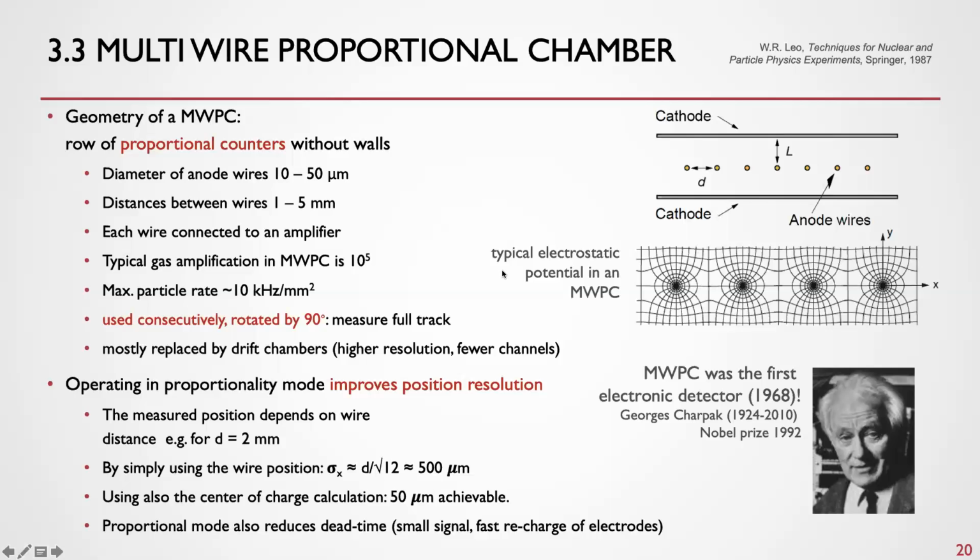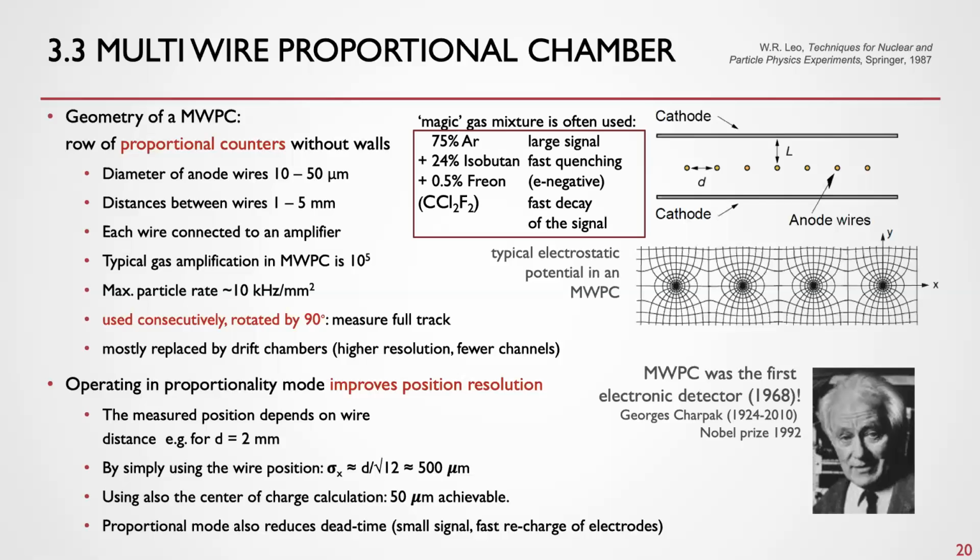So these are the multi-wire proportional chambers. The gas mixture that's used is oftentimes a so-called magic gas mixture. I only mention it because it's a typical application. It's something to start with. So one uses large signal argon, 75%, with 24% isobutane for faster quenching, and then a very small electronegative add-on, in this case freon, that causes a fast decay of the signal.